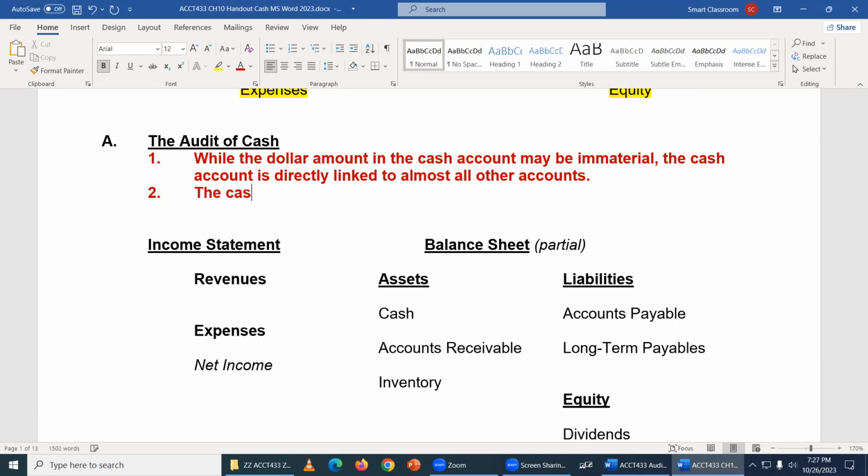Two, the cash account will often be audited to 100%. In other words, you can look at every single thing in it.